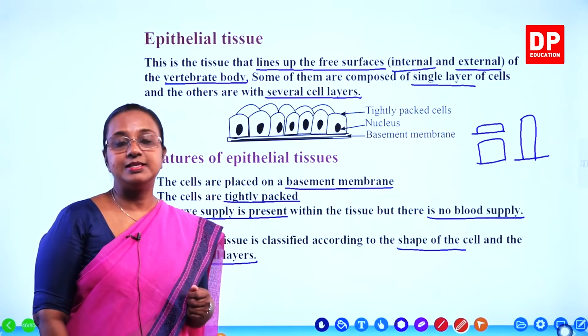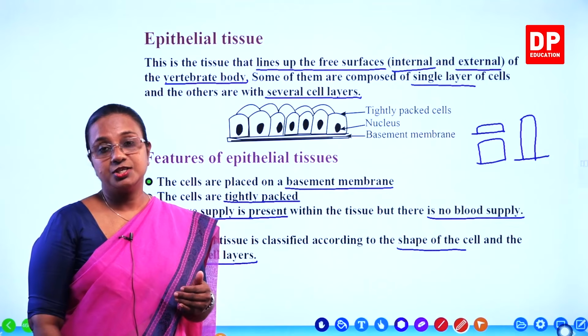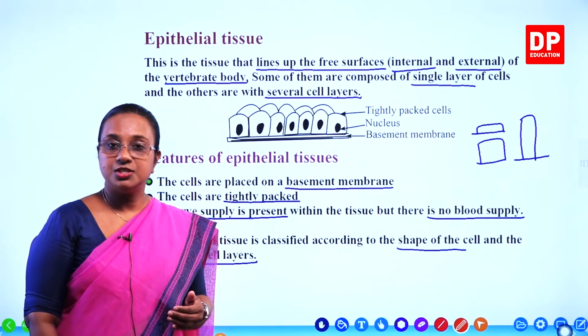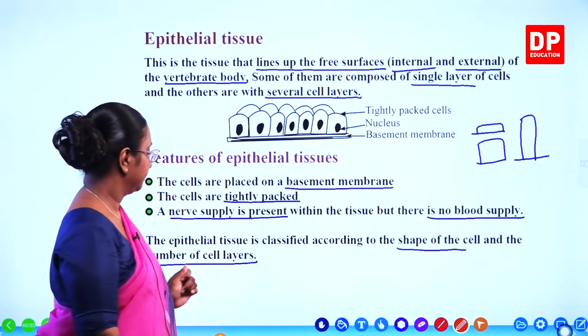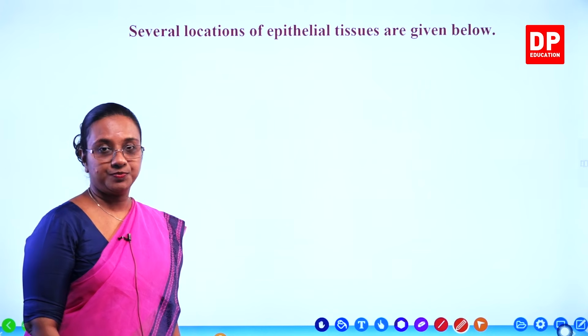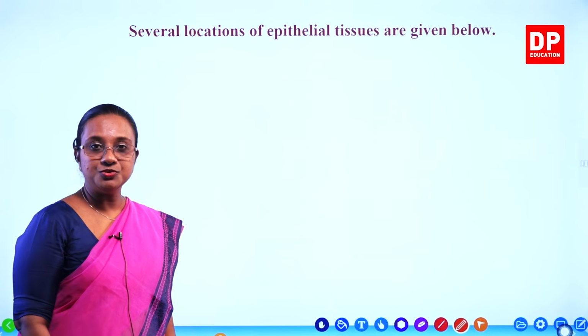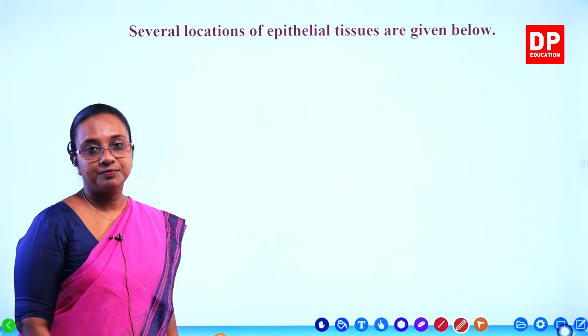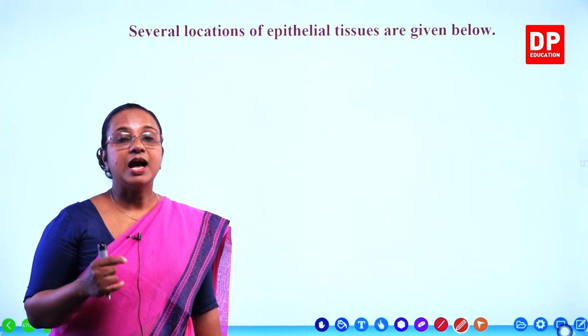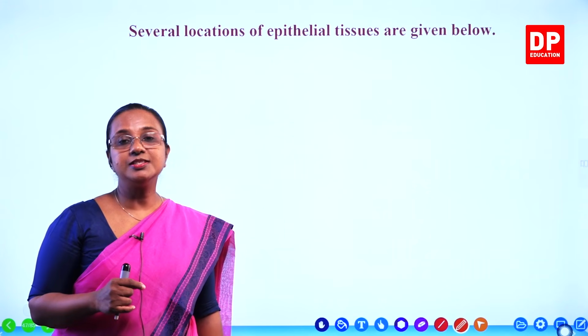Now we will discuss the locations of epithelial tissue, where these tissues are present. Several locations of epithelial tissues are given below. We will look at the tissues one by one. If you take the blood capillaries, I discussed this with you all students.